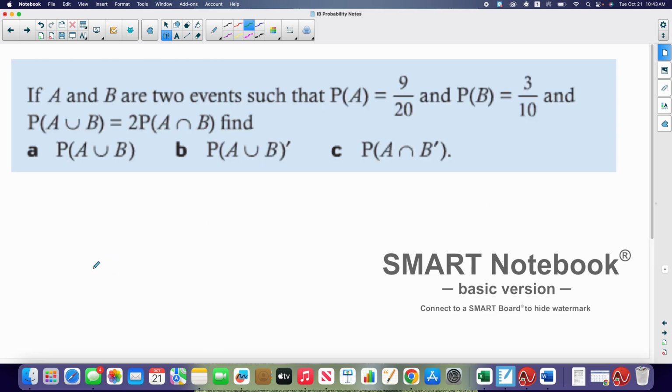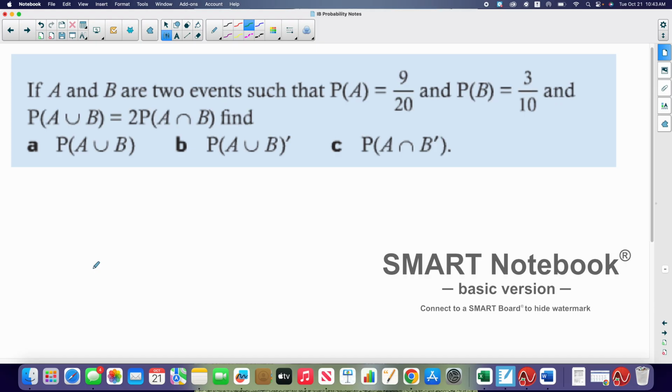Take a look at this one. They like to put little problems like this. I'll give you a chance to look at it. Many people don't like this one because there's no backstory to it.